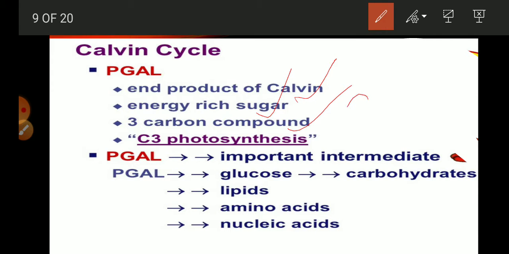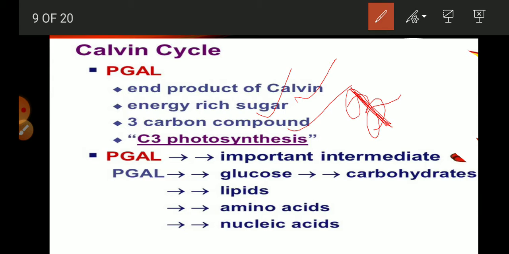When the Calvin cycle runs once, it gives 1 molecule of PGAL, and then another cycle runs. It means in 2 cycles we get two PGAL molecules, three-carbon compounds, and then we can get a fructose or a glucose molecule.